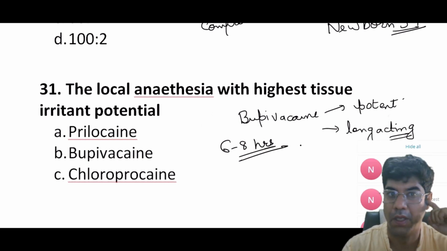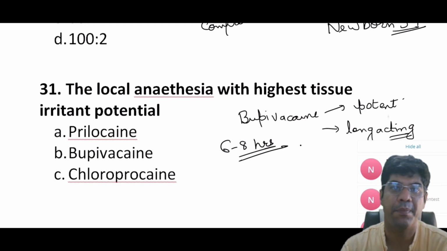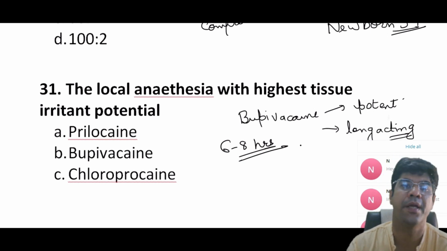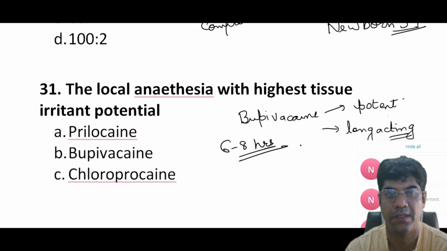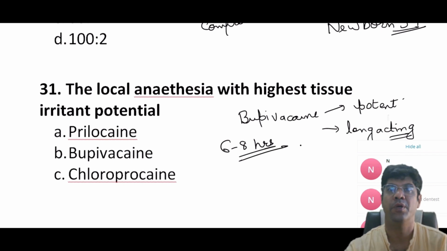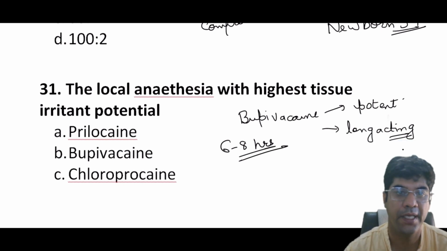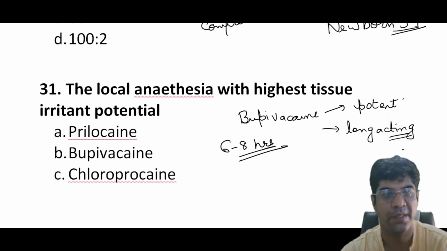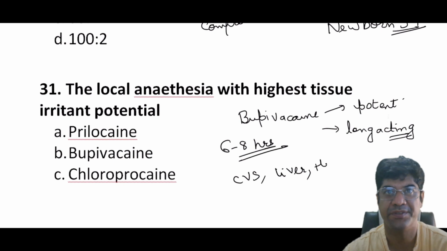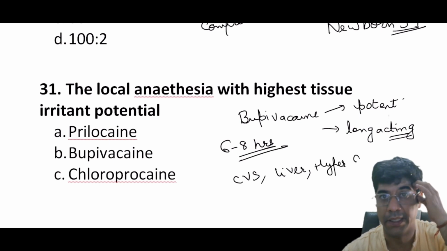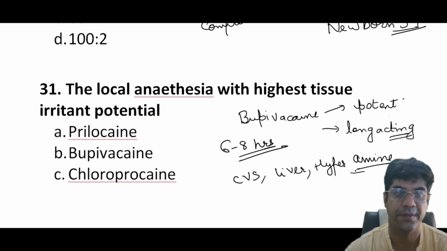While bupivacaine is highly effective, it has a higher potential for tissue irritation and neurotoxicity compared to other local anesthetics. It should be used with caution in patients with cardiovascular risk, liver dysfunction, or hypersensitivity to amide type local anesthetics.